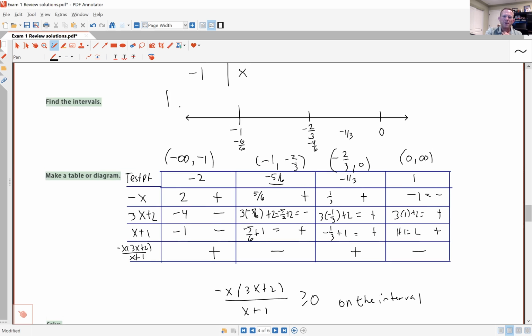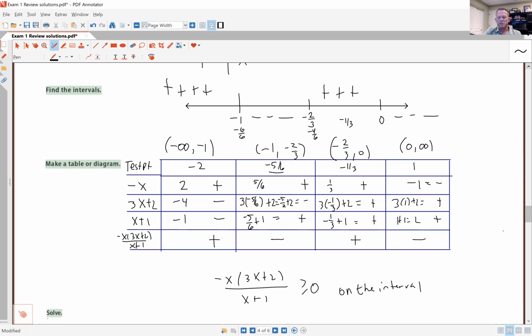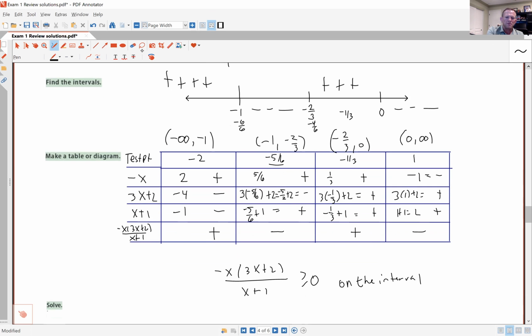We know that it's all positive on this interval, then it goes to negative, then it goes back to positive, and then it goes to negative. We're looking for where it's greater than or equal to 0. So it's greater than 0 from negative infinity to negative 1, and from negative 2/3 to 0. It's greater than 0 in those intervals.